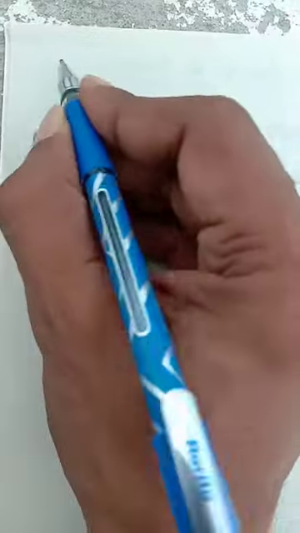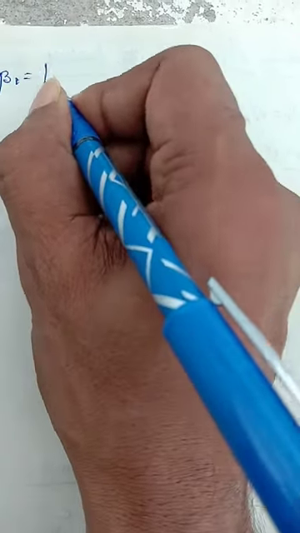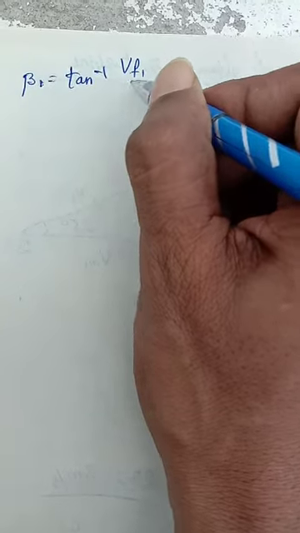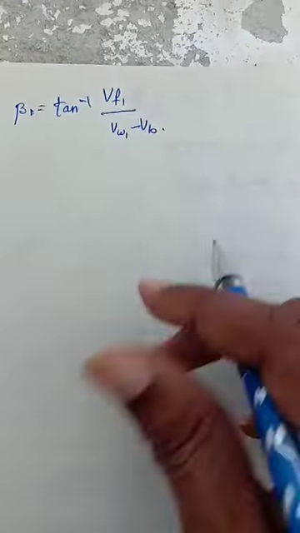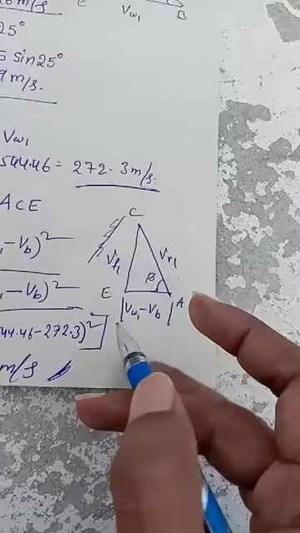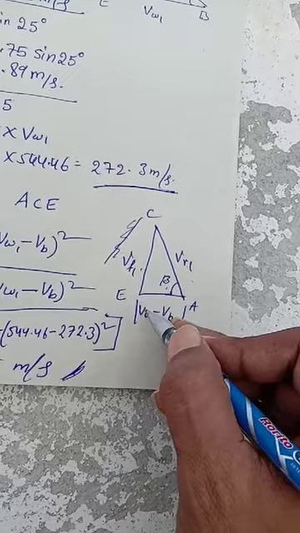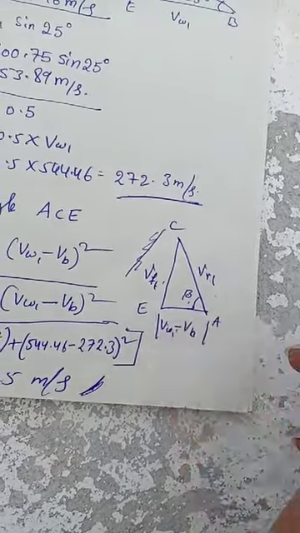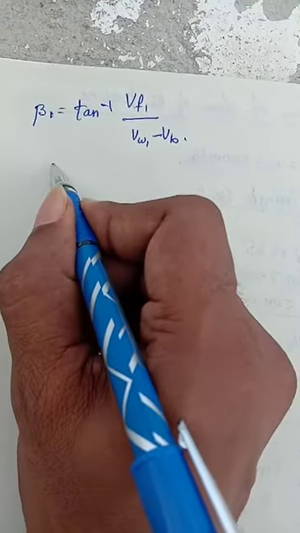Okay, now then we are going to find angle beta 1 is equal to tan inverse of Vf1 divided by Vw1 minus Vb. Look at here, tan beta is equal to sine by cos, and then beta is equal to tan inverse of sine by cos.